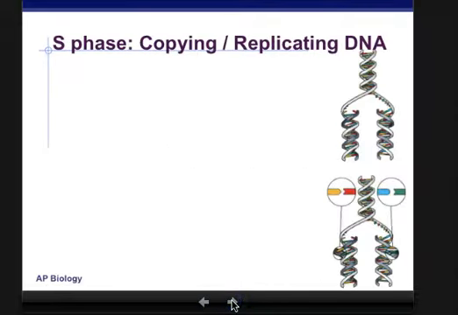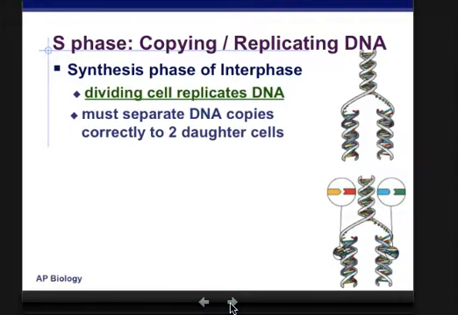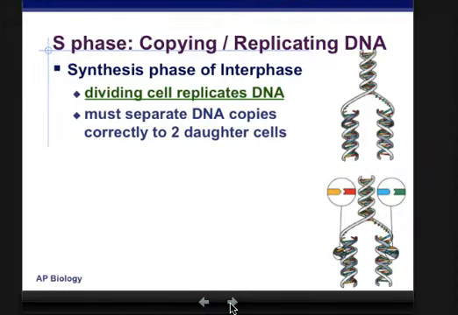Okay, so the S phase, copying and replicating DNA. It's called the S phase because it's the synthesis phase of interphase, and the dividing cell, the parent cell, is going to replicate its DNA. And it's got to separate the DNA copies correctly into two daughter cells.